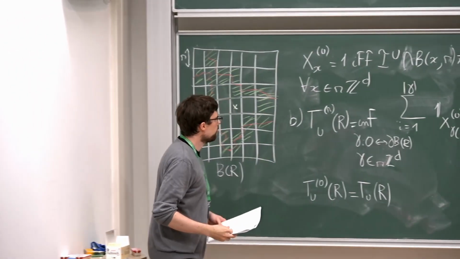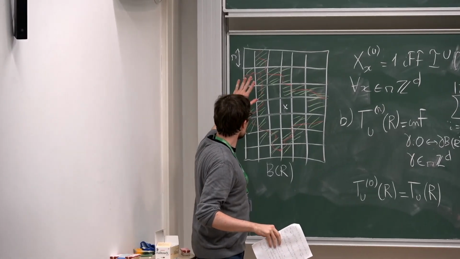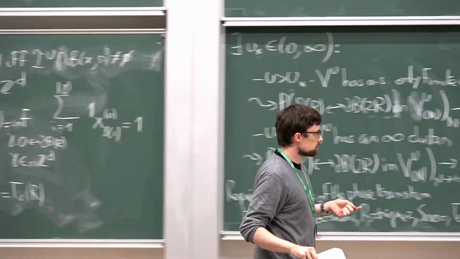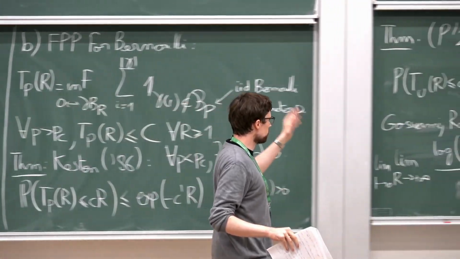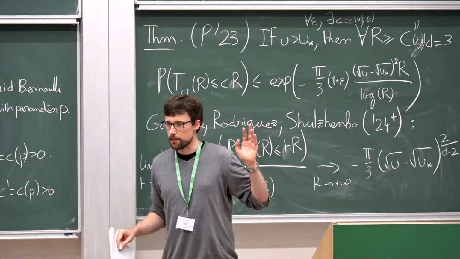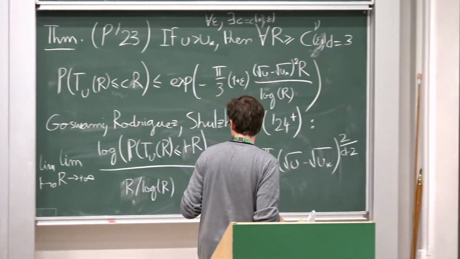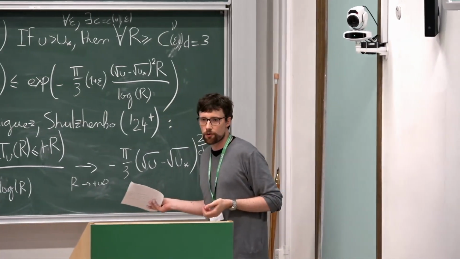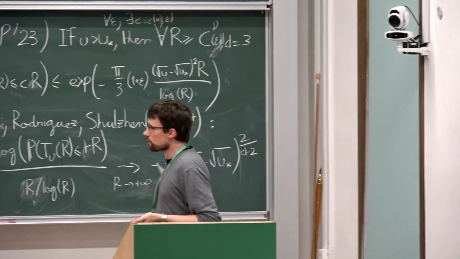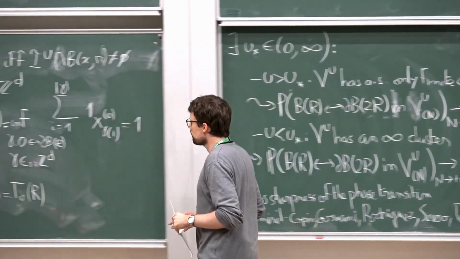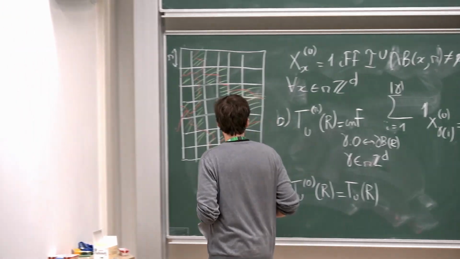So if you look at this problem on the renormalized lattice, you can prove the same kind of result as you have here. The methods will work, basically. And you have to be careful because the parameter u star is obviously different. Now the parameter u star is your critical parameter on your renormalized lattice.